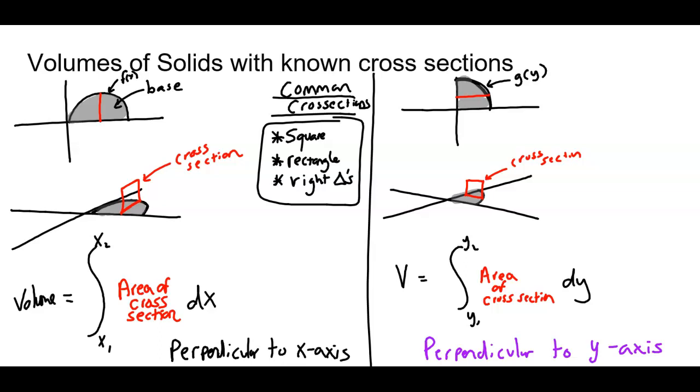But anyway, that being said, let's move on to our next topic, rotations. Now you could create a volume by rotating an area around an axis. There are two types: the disk method, and the washer method.